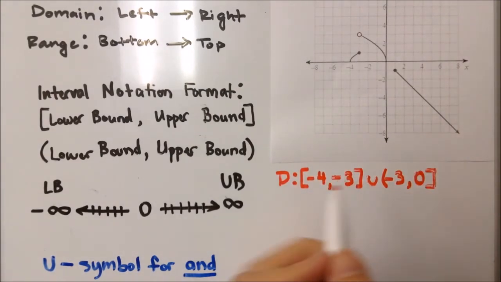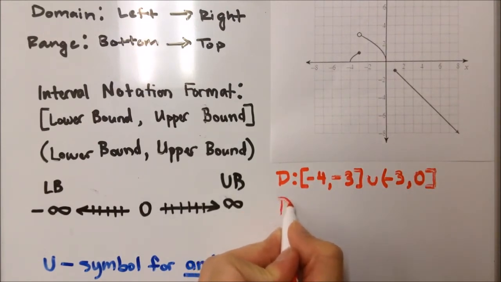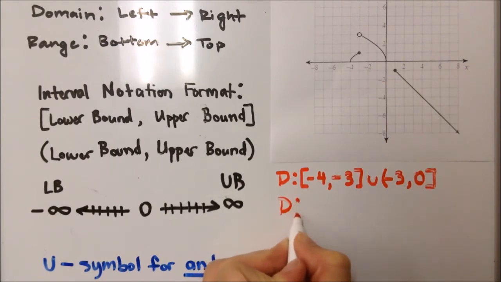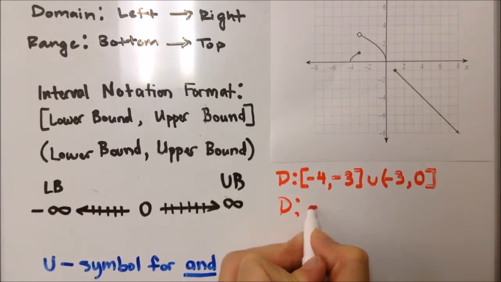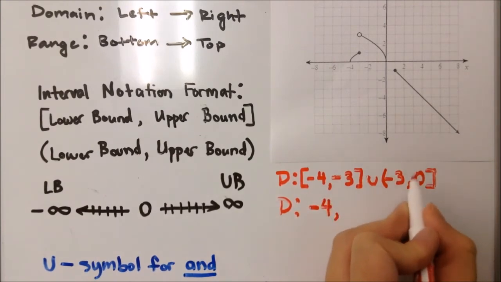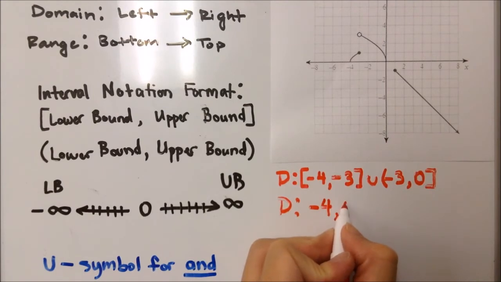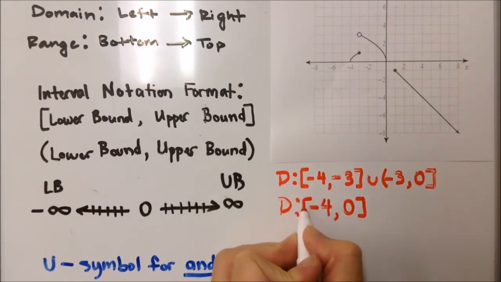So, instead of this, I'm going to write the proper combined domain. We're going to start with the lowest value, which is -4, comma, and then the greatest, 0. Both brackets.